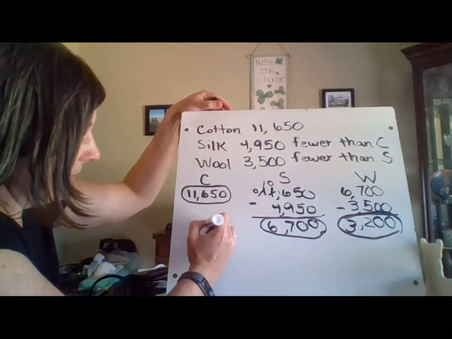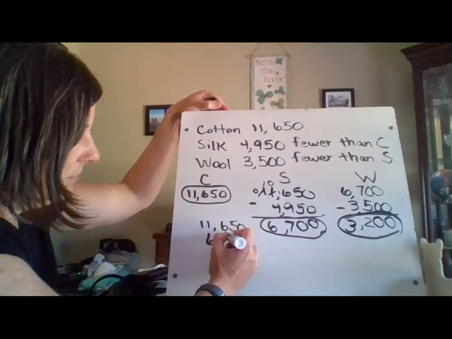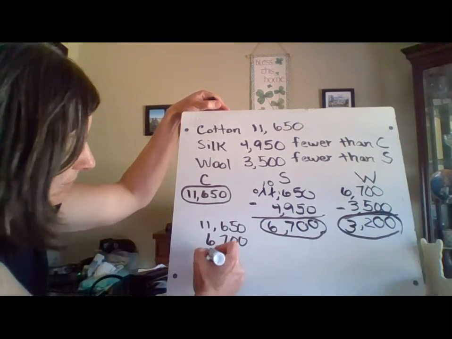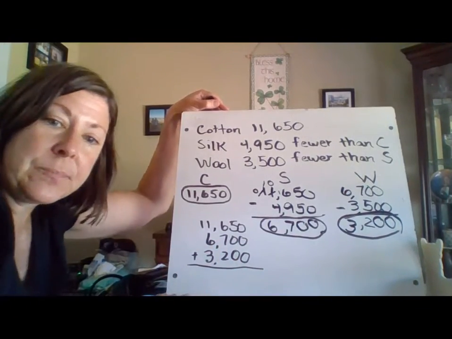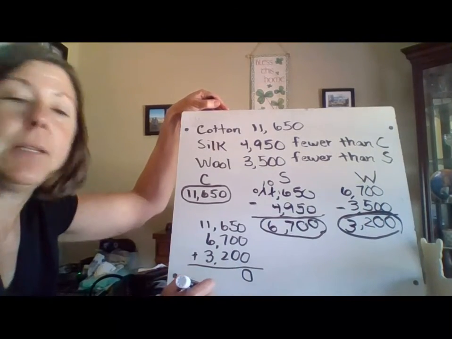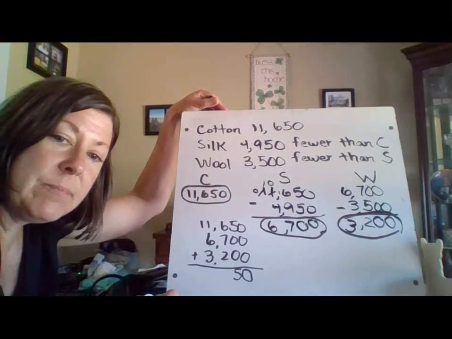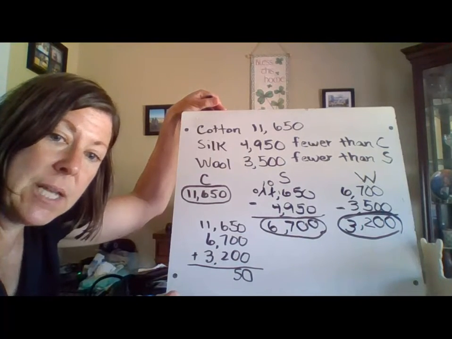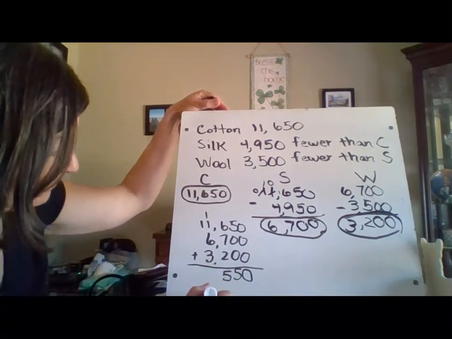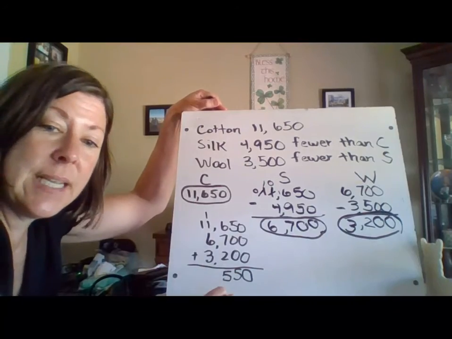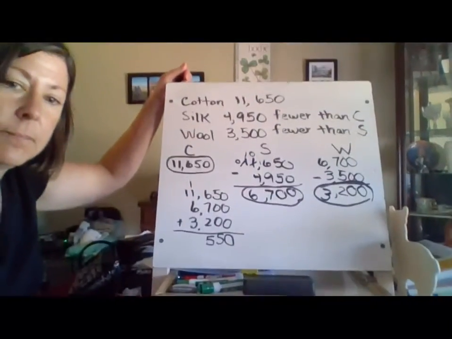So I have to add 11,650, 6,700, and 3,200. 0 plus 0 plus 0, 0. 5 plus 0 plus 0, 5. 6 plus 7 is 13, plus 2 is 15. 1 plus 1 plus 6 is 8, plus another 3 is 11.